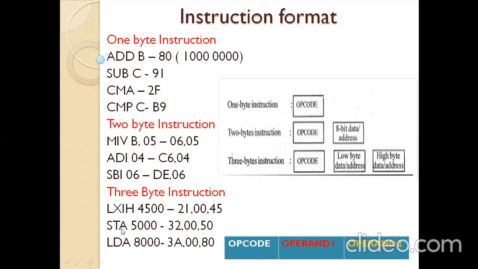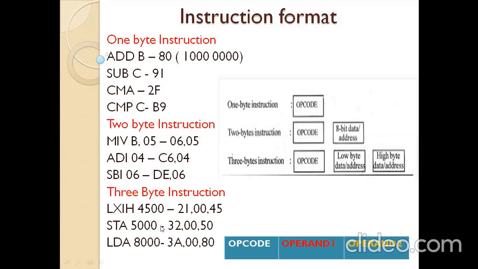Next, STA 5000. It will store the accumulator content in the memory location. 5000 is a memory location. In that, 00 is called lower byte address, 50 is called higher byte address, or LSB address or MSB address.